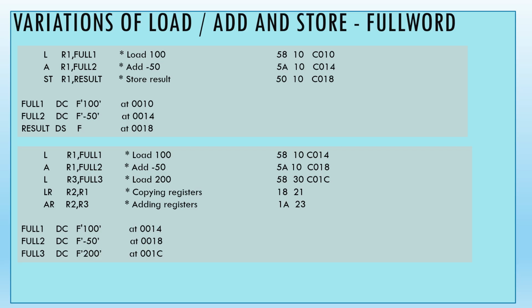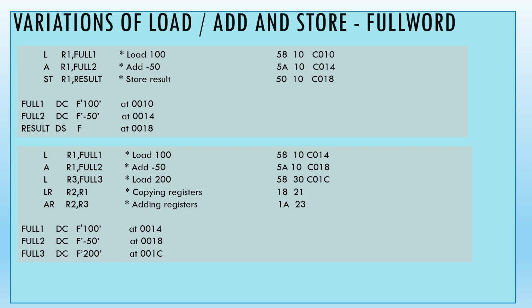That is why you are seeing 10 to 14 and 14 to 18. Now we are using these variables in our program. L R1 full one: we have seen this, 58, which is L. First one is register 1, and there is no register, so 10, and full one is stored at C010, at a displacement of 010 from the base register.